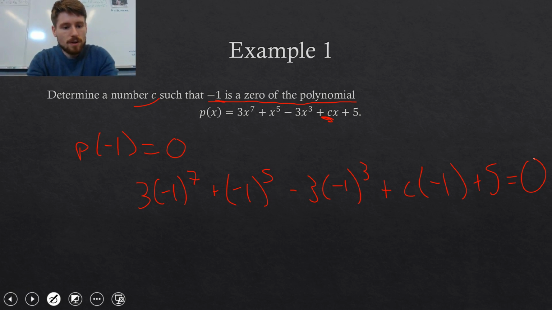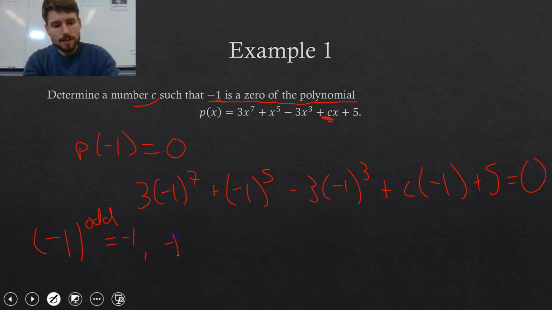Now I just want to point out that -1 to an odd power is equal to -1, because you multiply -1 times itself 3 times: negative, negative, negative, you get a negative answer. 1 times 1 times 1 is 1, so you get -1 when you raise it to the 3rd power. That's true if you raise it to the 5th, or the 7th, or the 9th, and so forth.